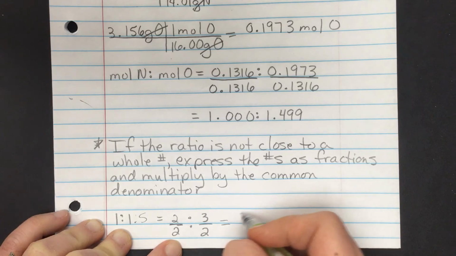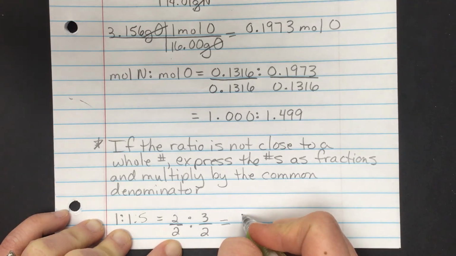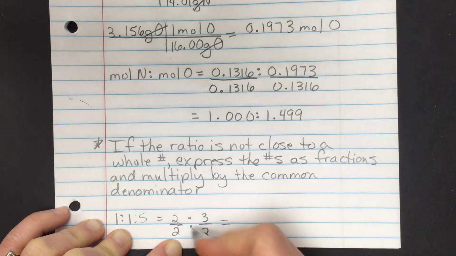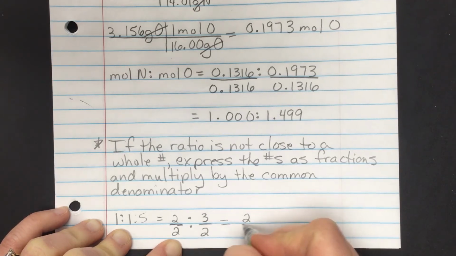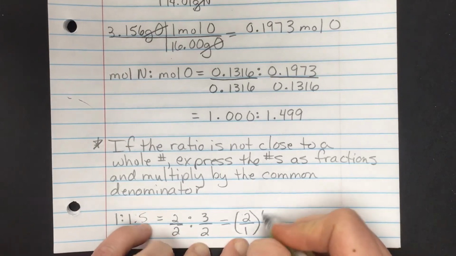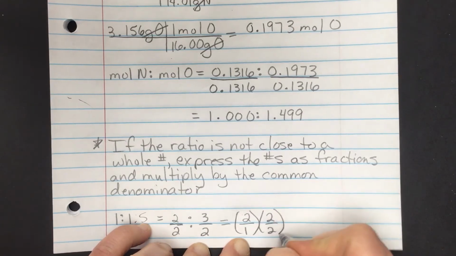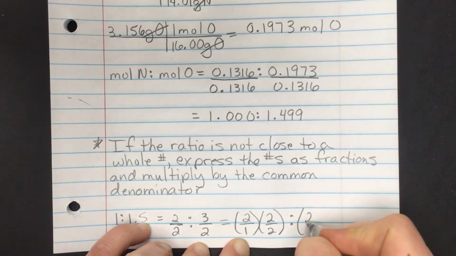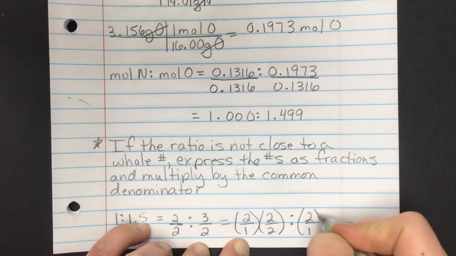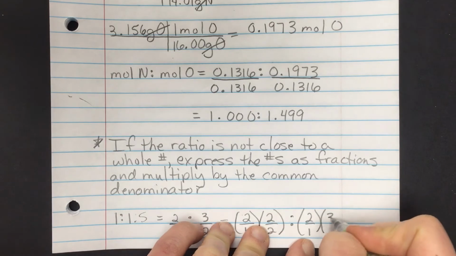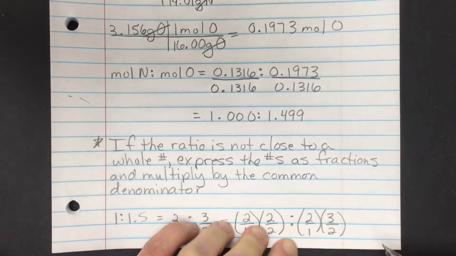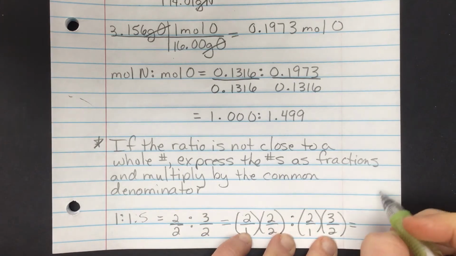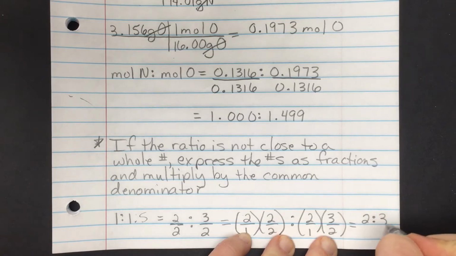I would then multiply by 2, to get rid of the denominator. So 2 over 1 times 2 over 2. And that would give me 2 to 3.